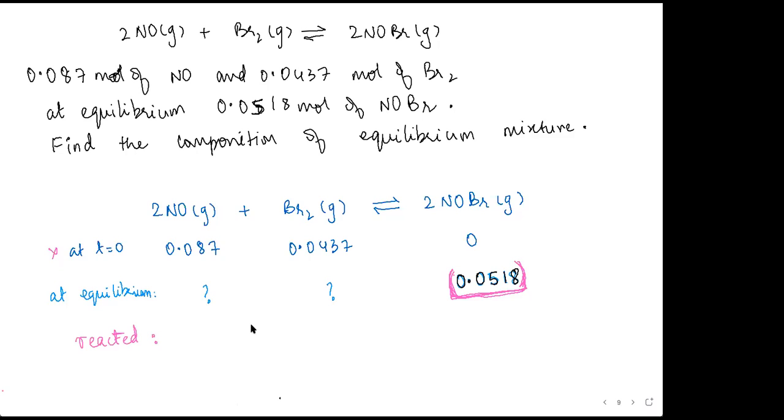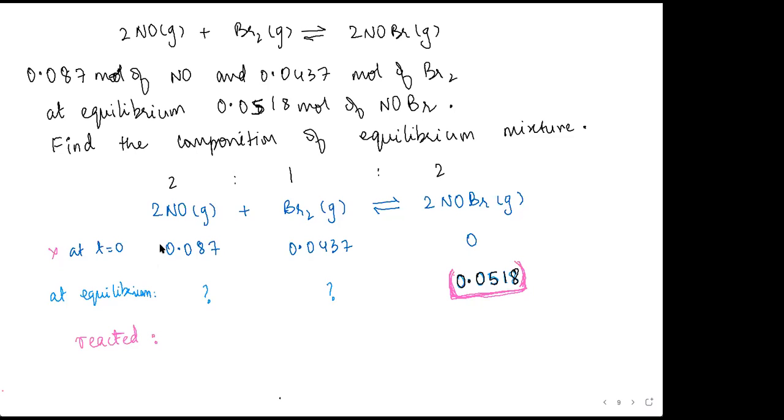Ma'am, just like you told, 2 is to 1 is to 2. Yeah. So we have 2 moles of NOBr and 2 moles of NO. And so for NOBr, the value is given 0.0518 and for NO, the value is given 0.087.